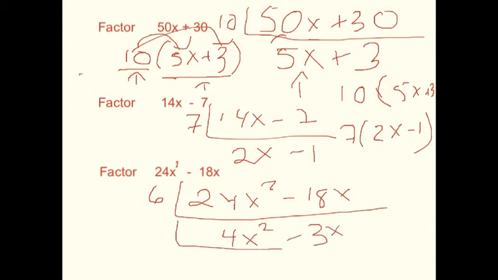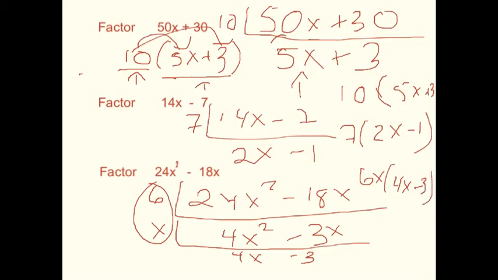My numbers are now fully factored, but my variables aren't, so I can factor out an x, and I'd be left with 4x and minus 3. So my greatest common factor is 6x, and my fully factored binomial is 4x minus 3, making the factored binomial 6x times 4x minus 3.